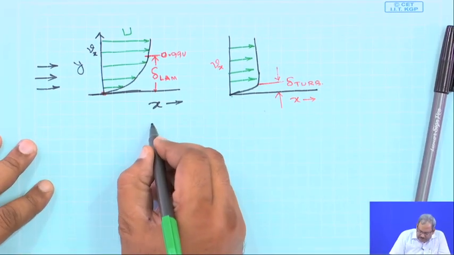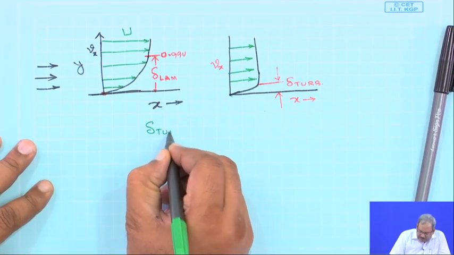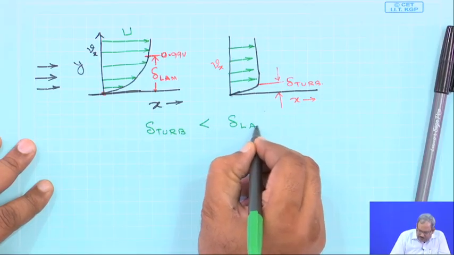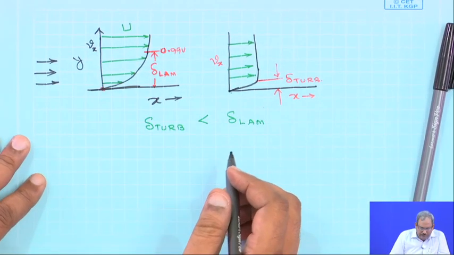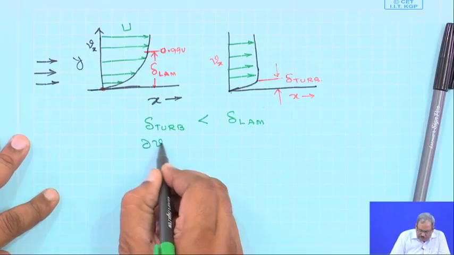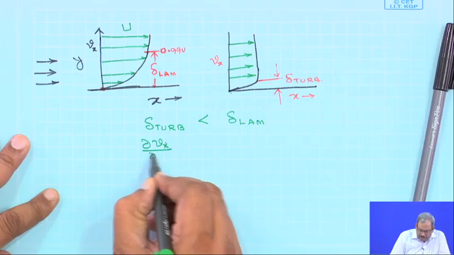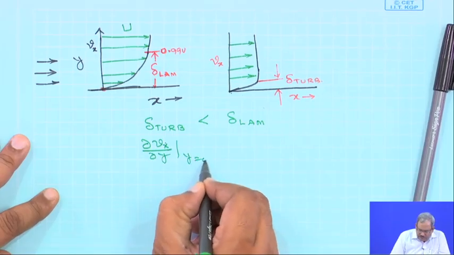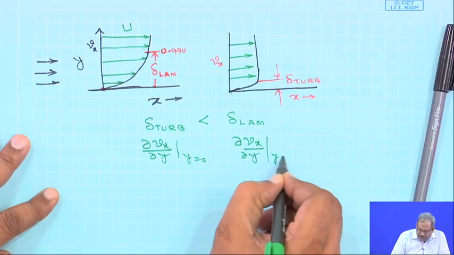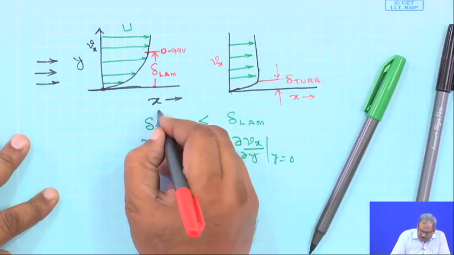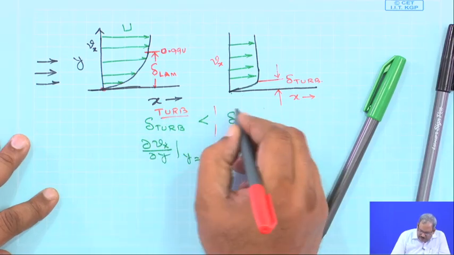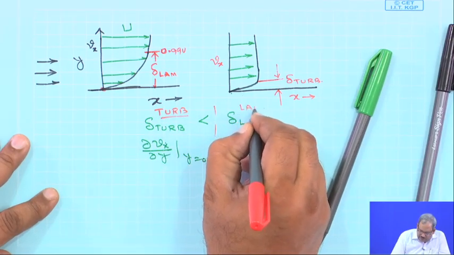So, one can clearly see that delta turbulent is small as compared to delta laminar. So, what can you say about the velocity gradient? If you find del Vx del y at y equals 0, this is for the case of turbulent, and del Vx del y again at y equals 0, this is for the case of laminar.